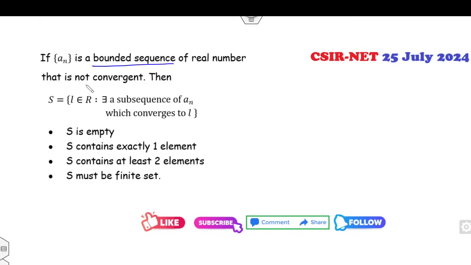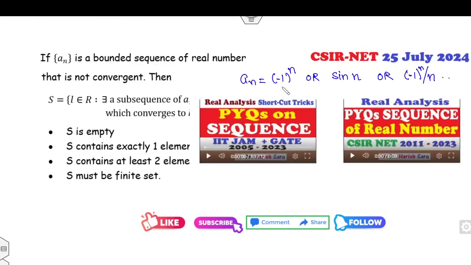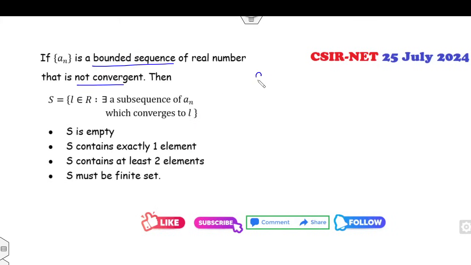Let an be a bounded sequence which is not convergent. Which one is not convergent? You can see this is not convergent. Fine. So I can simply choose an as (-1) raised to power n, which is bounded. And it is not convergent because the limit is not finite.